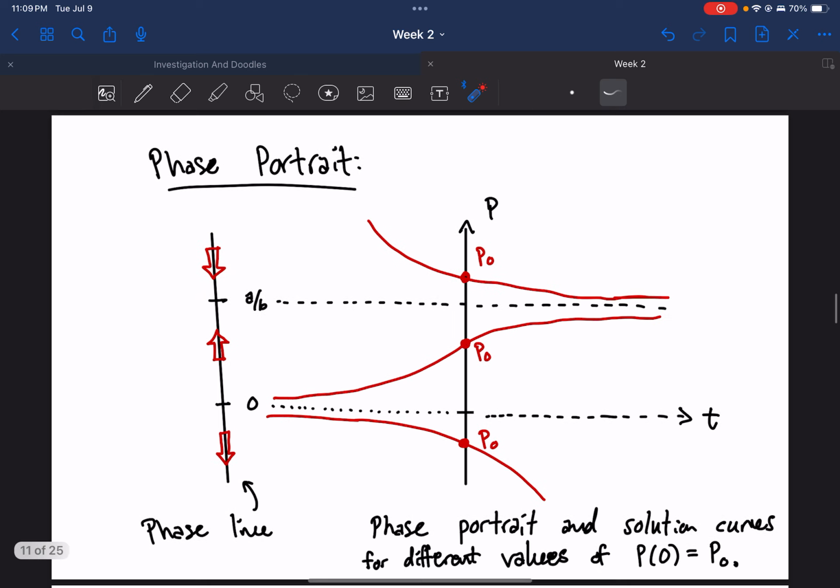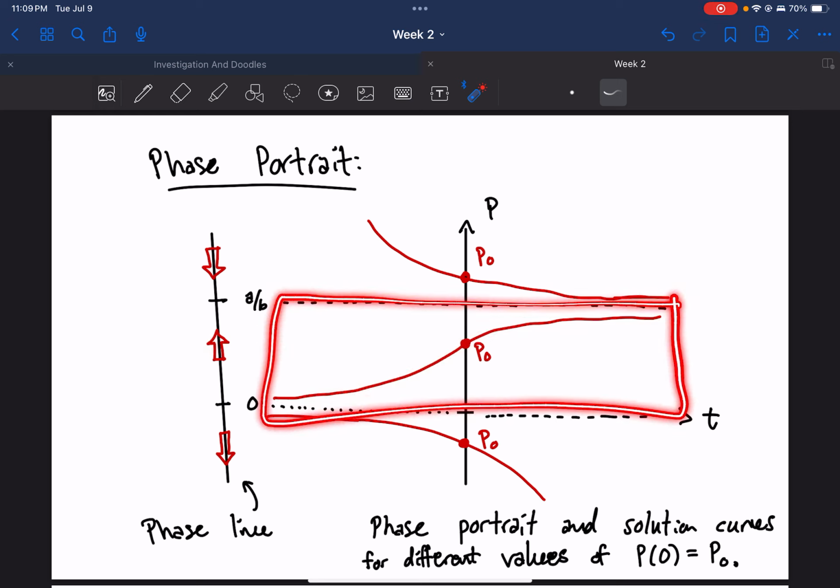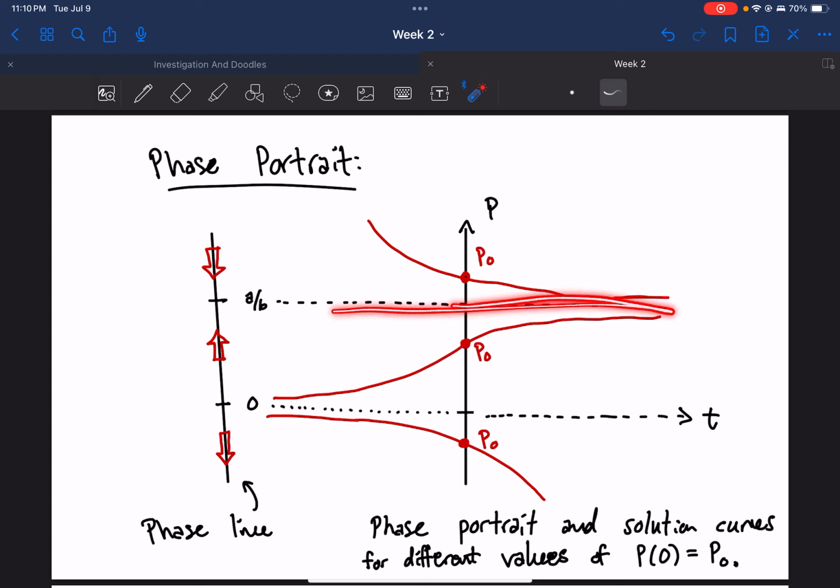The idea is that if I pick a point P naught, like an initial population, I can see what's going to happen by just following this curve. It should be an increasing function on this interval right here in the middle, in this little box, and it will not cross this asymptotic line.